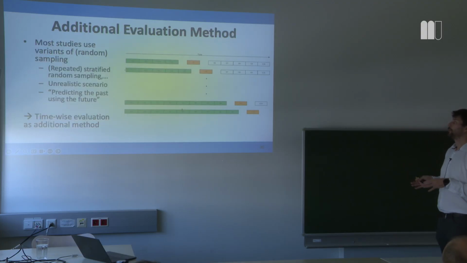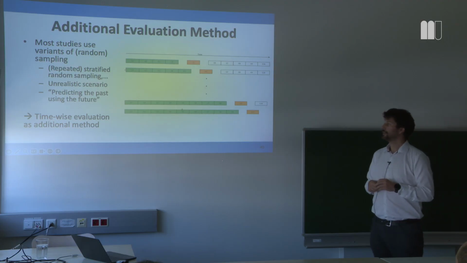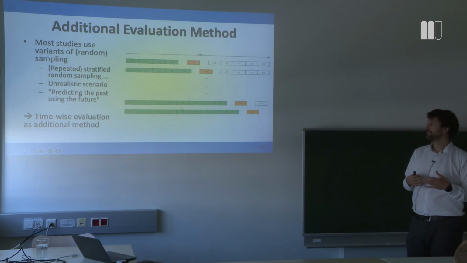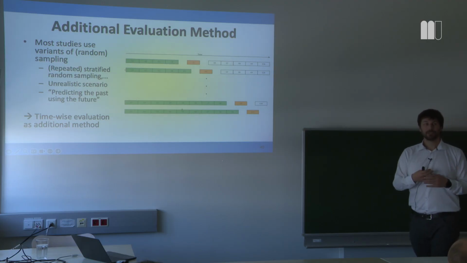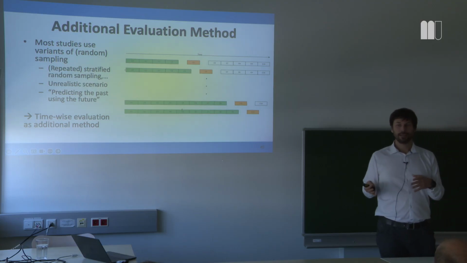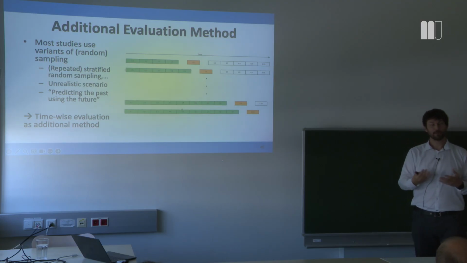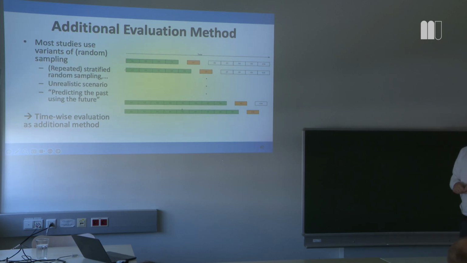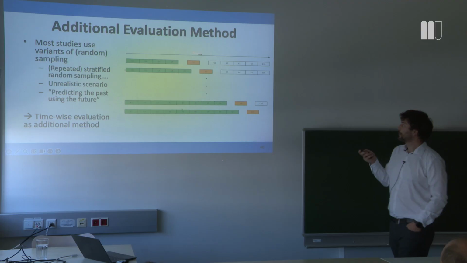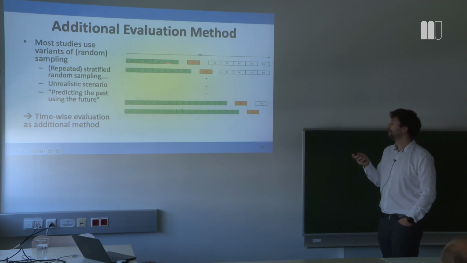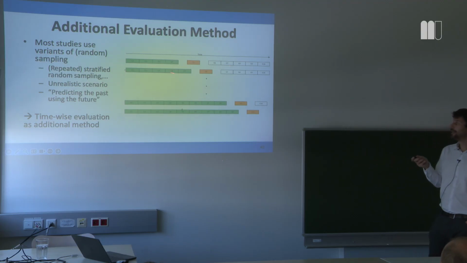In this work, we also did one thing that is very different to other works. Other works usually do some kind of stratified sampling and randomization of the data, which can lead to using future data to predict the past, which is not what an application of this work would allow. So what we did here was sort the data, and we only used data that had already been there for predicting the next commit.